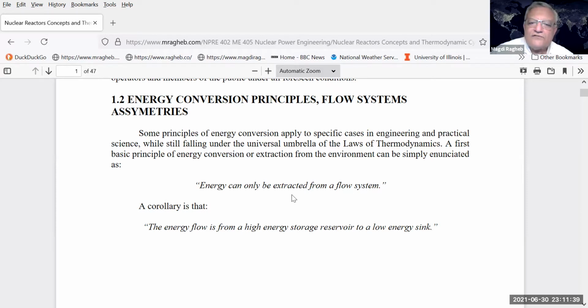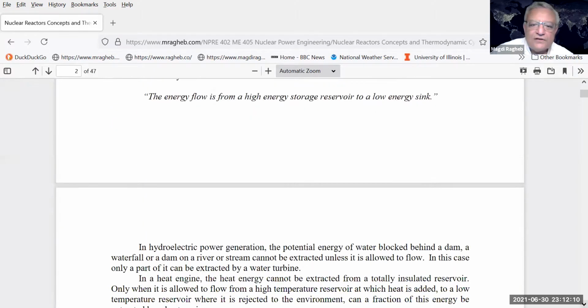And a corollary of that principle is that the energy has to flow from a high energy storage reservoir to a low energy sink. So if you have water stored behind the dam, it cannot produce energy. Once you allow it to flow, so you establish a flow system, then it has to be from a stored energy in the form of potential energy, mgh, of the water behind the dam, and into a sink, which would be the turbines that rotate to produce electricity.